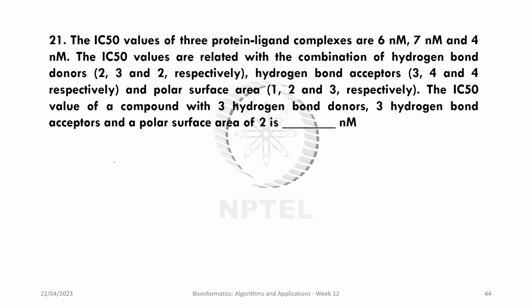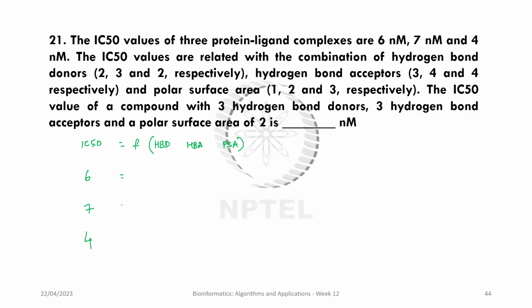So the IC50 values of three protein ligand complexes are 6, 7, and 4 nanomolar, and IC50 is a function of hydrogen bond donors, hydrogen bond acceptors, and polar surface area.